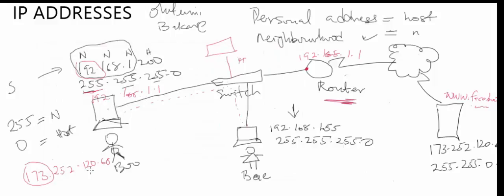So after it determines that this destination is not on my network, it forwards the data to its router, the default gateway, which is the IP address of the router it is connected to. The router determines what is the best path to reach this network and sends it on. The destination sends back the reply through the internet to the router and back into the network.